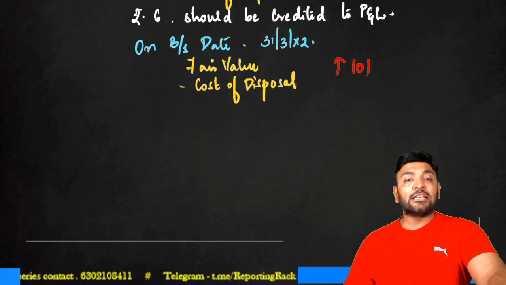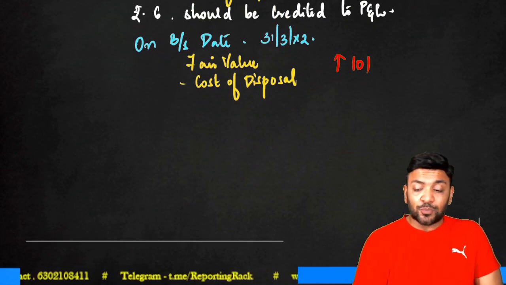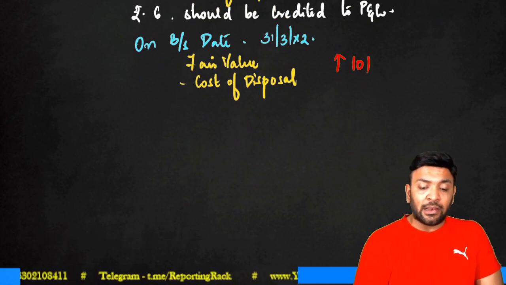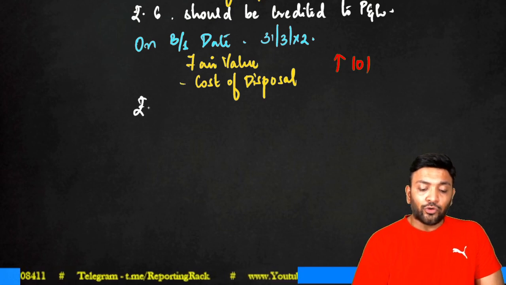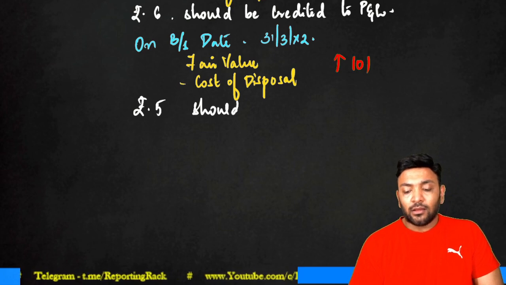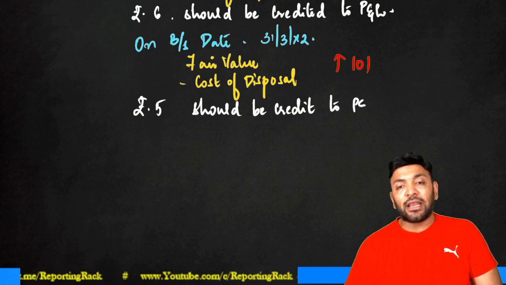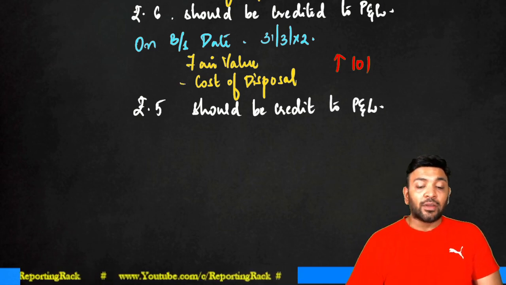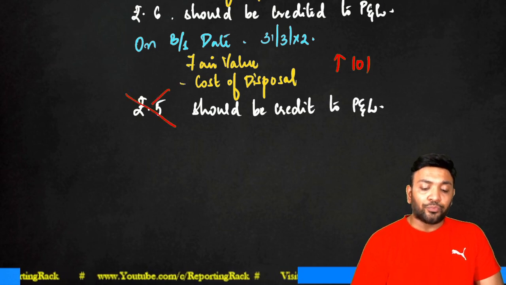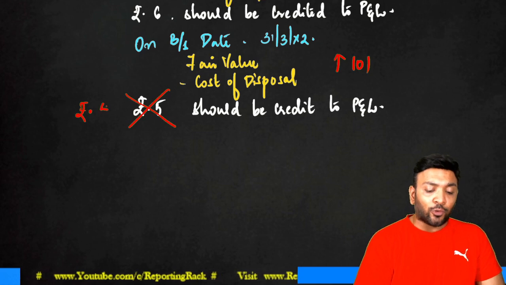If now the value became 101, can I credit the entire 5 rupees to P&L? Should I give this treatment or not? Is it appropriate? Answer is wrong. The amount which should be credited to P&L is only 4 rupees.